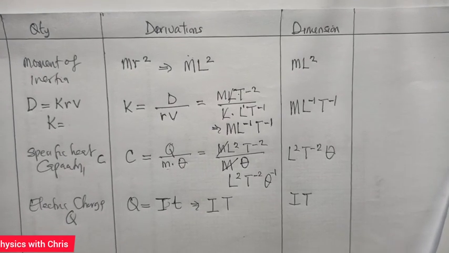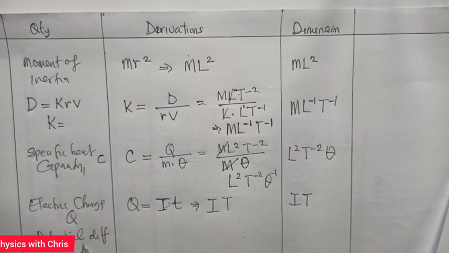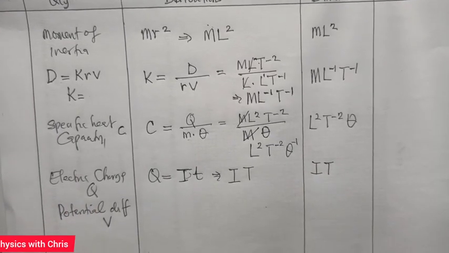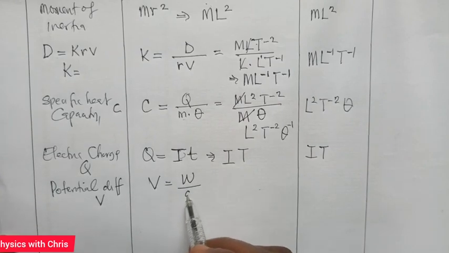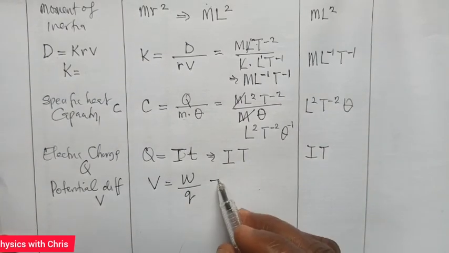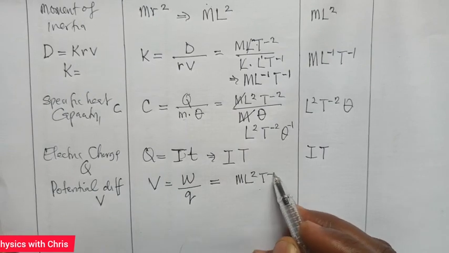How about the dimension of the potential difference between 2 points in an electric circuit? Potential difference V between 2 points in an electric circuit is defined as the work done in moving unit charge between the 2 points. So the dimension of work done from mechanics is M L squared T minus 2.